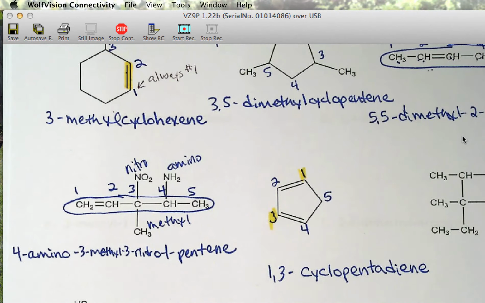Whenever you have a diene, you need to have 2 numbers, just like when you have di, tri, tetra, penta in front of your other substituents.